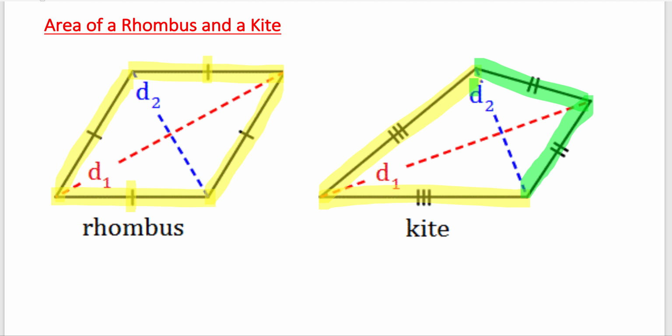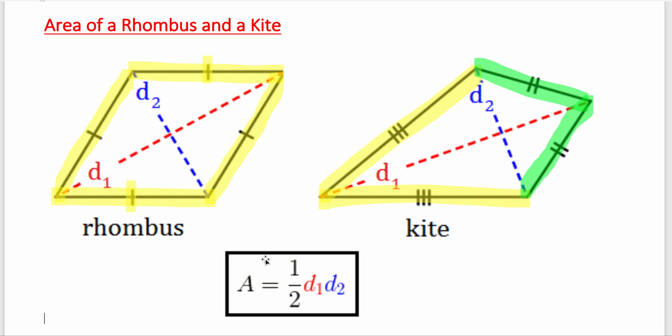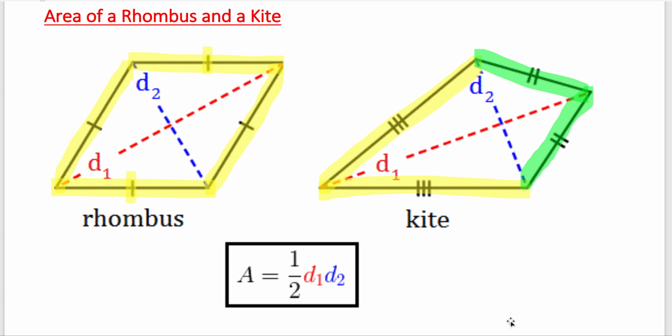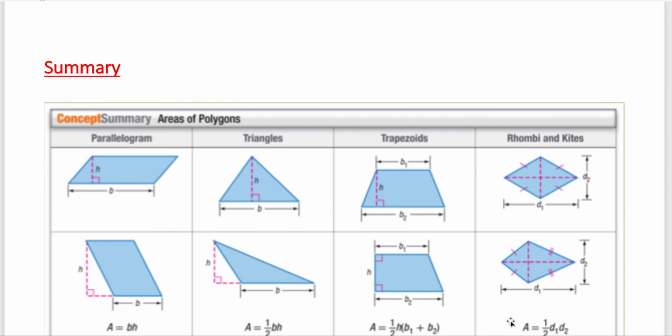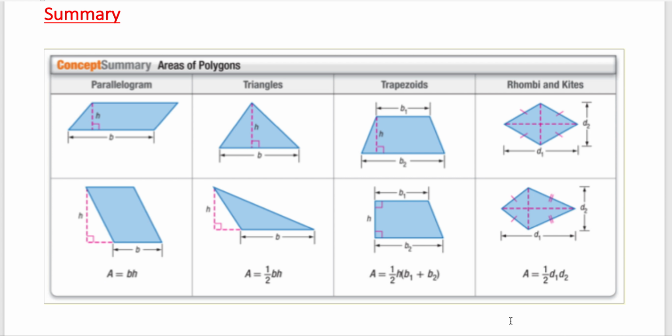And then you can find the diagonals of these 2 kites, and the area of the rhombus and the kite is quite simple, it is half of the multiplication of the diagonals. Okay, wonderful. So I have this summary here for you to take notes.